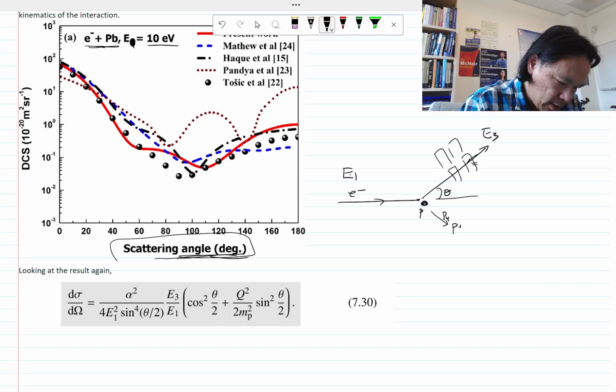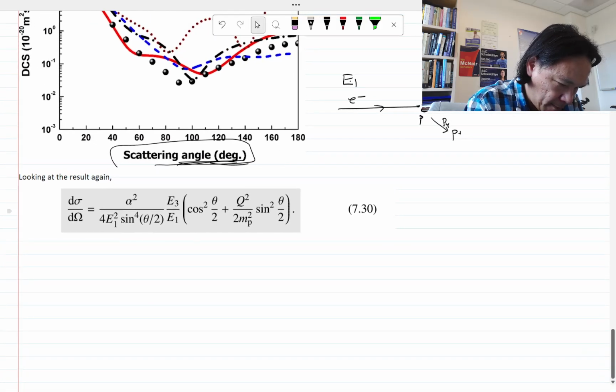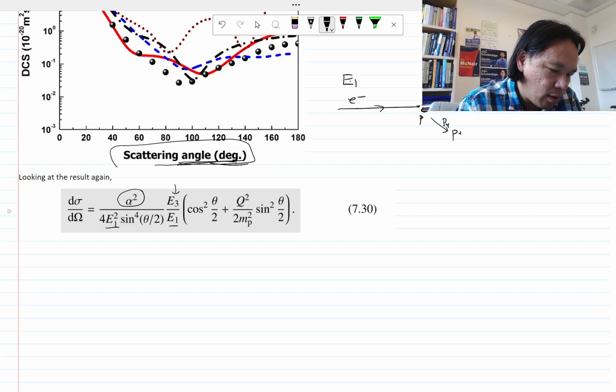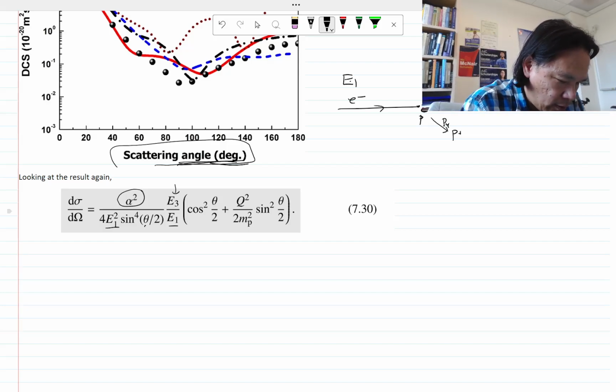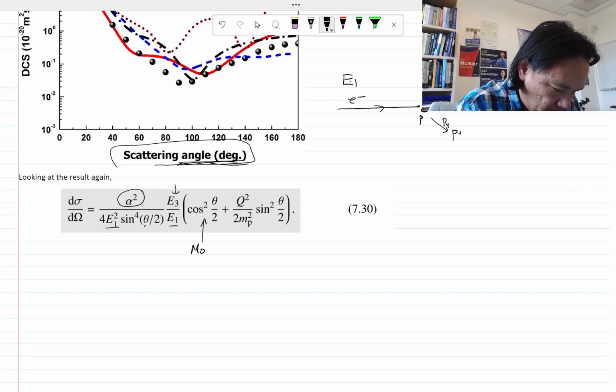Okay, so in this result, what we're going to see is that this differential cross section, as usual, depends on alpha square. There are these energy parts, and then E3, which depends on E1. You have this 1 over sine to the 4th theta over 2, which is from the Mott scattering still. And then you have this part, cosine square theta over 2, which is still from the Mott scattering.